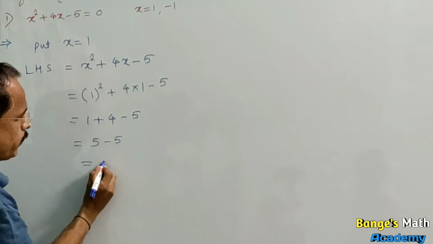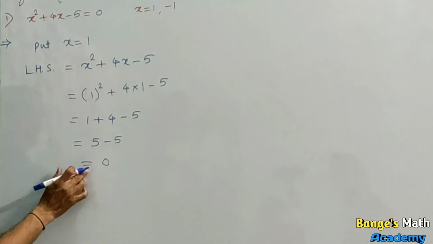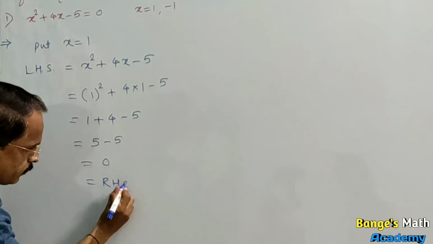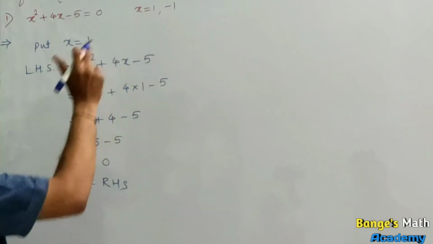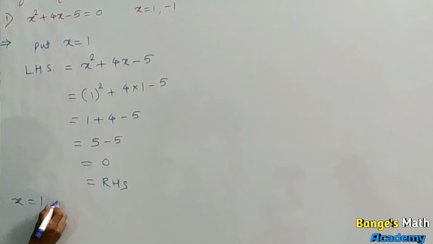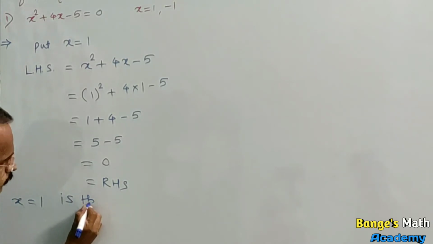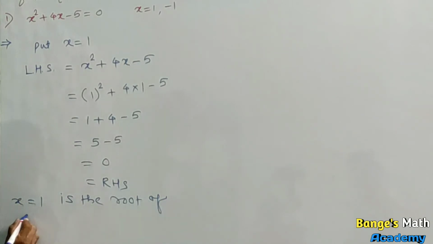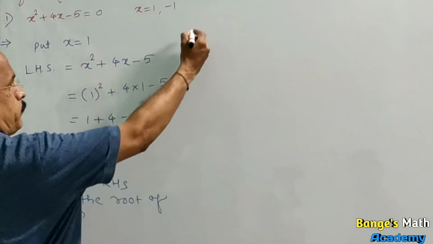Subtraction of this, 5 minus 5, is 0, equal to RHS. So x is equal to 1 is the root of the given equation.